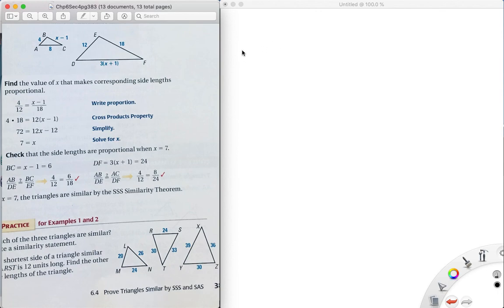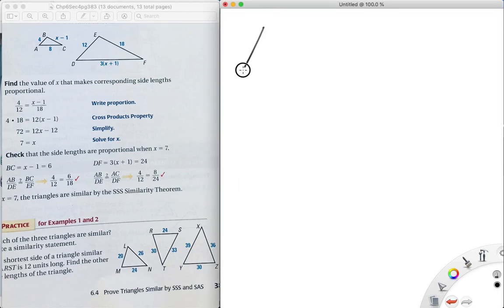So if we look at M, L, N, this is 20, 26, 24. This is the smallest, this is the medium, this is the large.